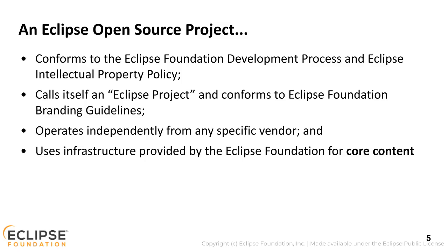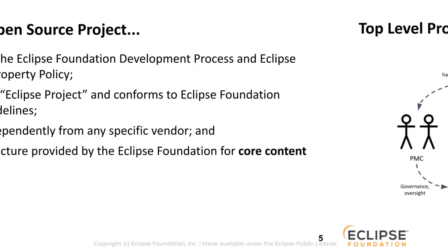Core content includes source code, issues, and primary communication channels. I'll reinforce that source code is considered core content, and so it is a hard requirement that Eclipse open source projects use infrastructure provided by the Eclipse Foundation for Git repositories.